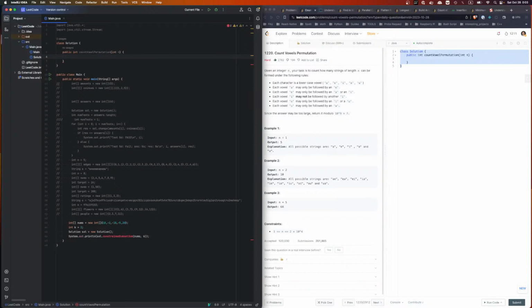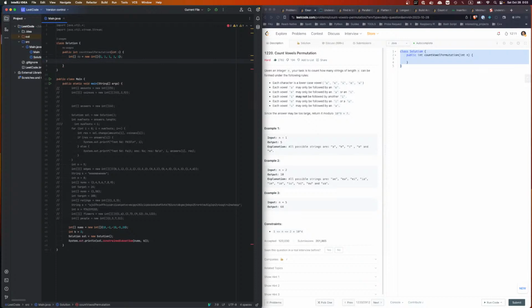So res has to be an integer. Okay, so int dp shall equal to new int 1, 2, 3, 4, 5. Right, 1, 2, 3, 4, 5.